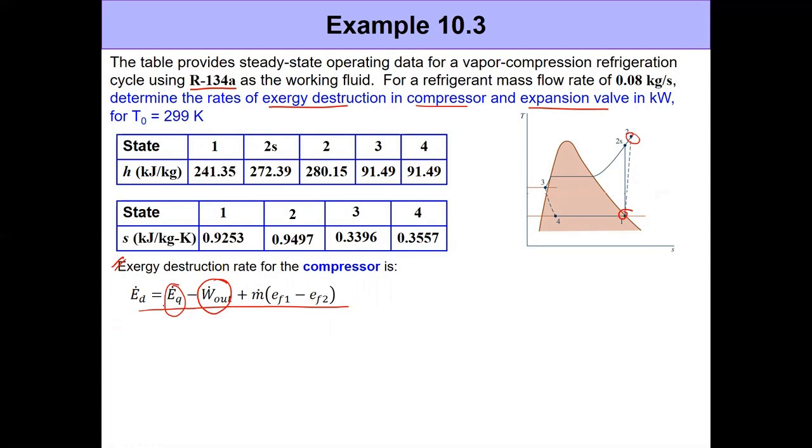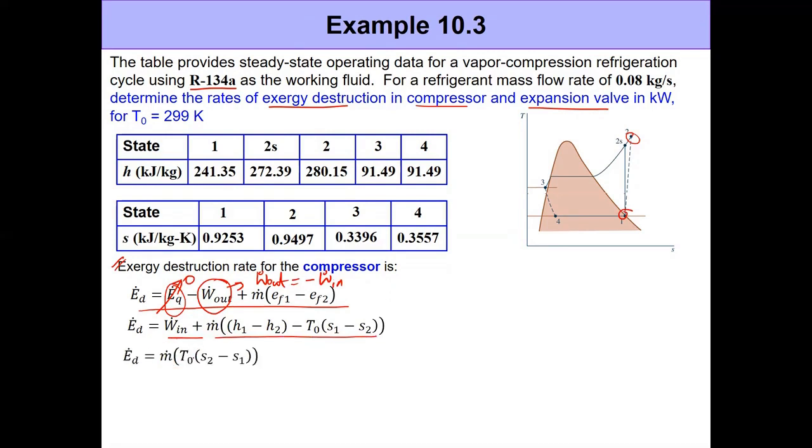Now in a compressor, we don't have any sort of heat loss happening, and actually there's no work output being produced. We actually have to provide work in. So as we know, work out is actually equal to minus W dot in. When we write it in terms of the work input, it's just the work input plus the change in the exergy.